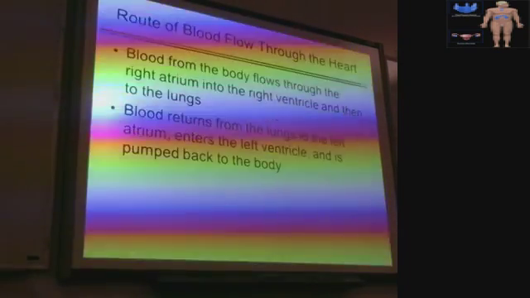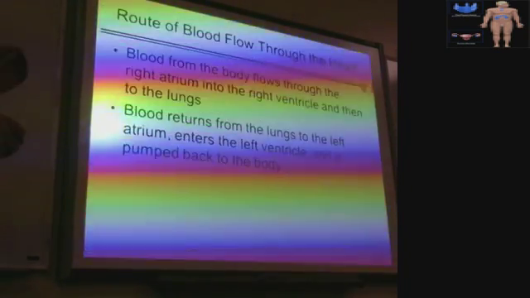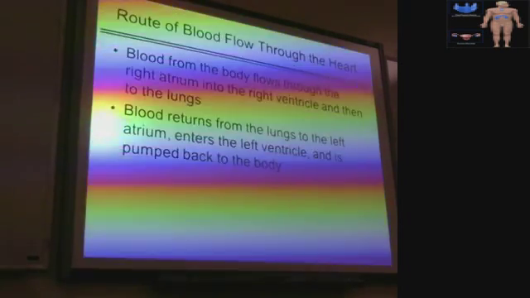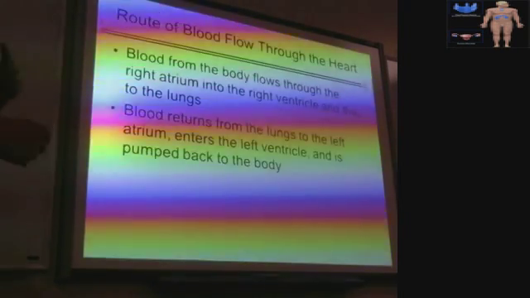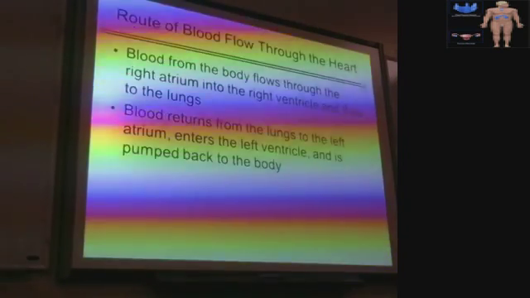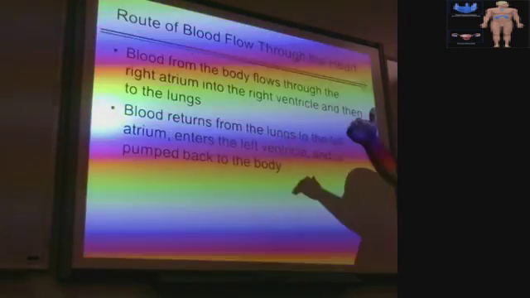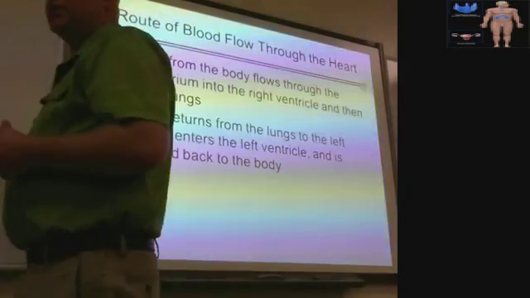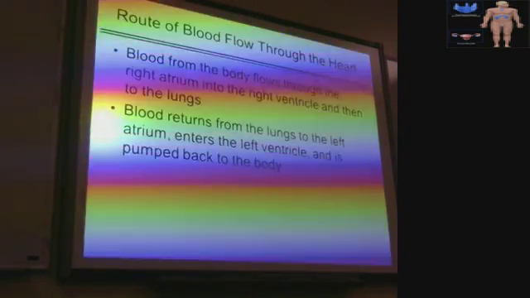The route of blood flow through the heart. Blood flows from the body through the right atrium to the right ventricle, then it goes to the lungs. This is how it goes through the heart into the body. So it comes from the body to the right atrium, then to the right ventricle, then to the lungs.